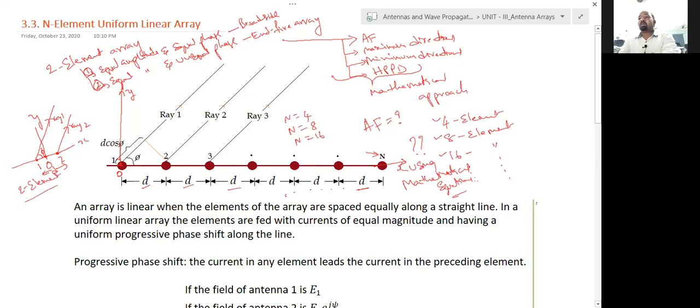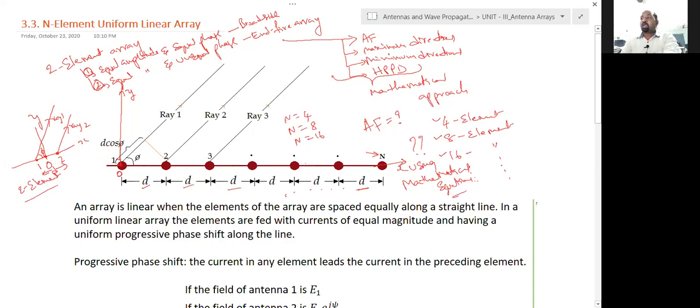But for the N element array, I have changed the procedure a little bit. At the origin, element 1 is placed, and all the other elements are located on the positive axis.